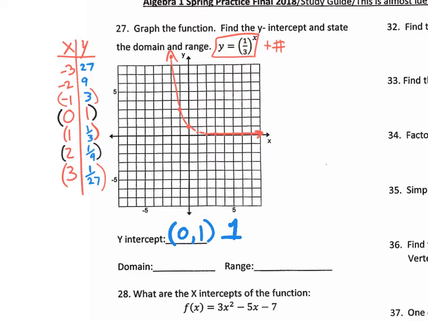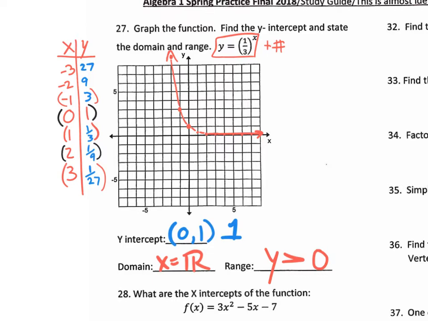How about the domain? X equals all real numbers. Kind of like parabolas. It really does go to the left forever and it goes that way forever. But the range, this entire graph is either above or below a certain value. Y is greater than 0. Now on a parabola, it really is greater than or equal to the y value of your vertex.